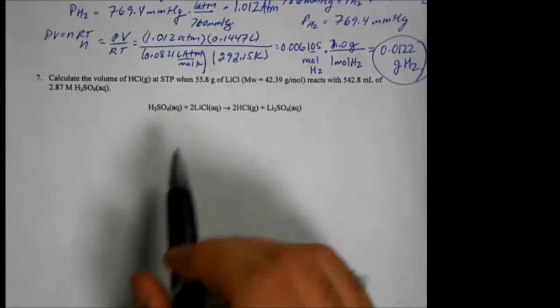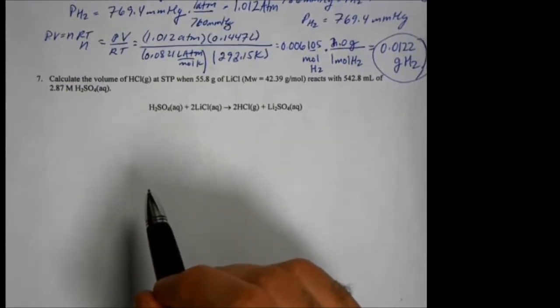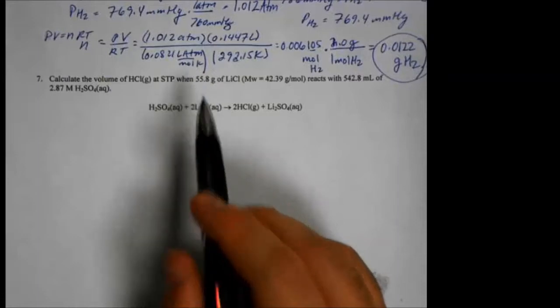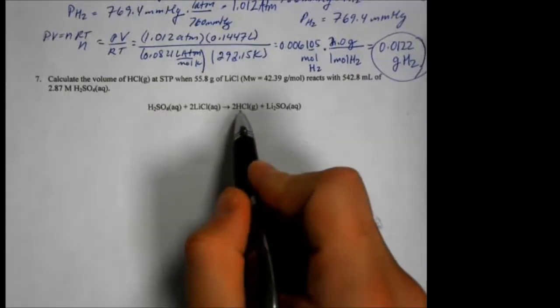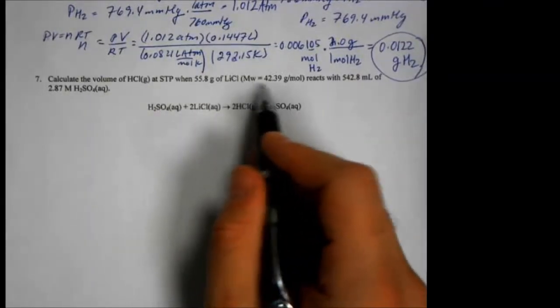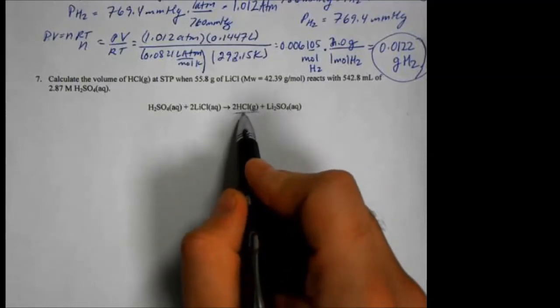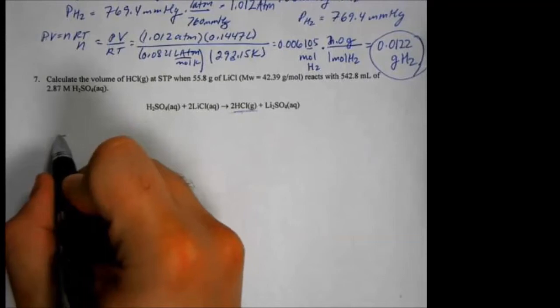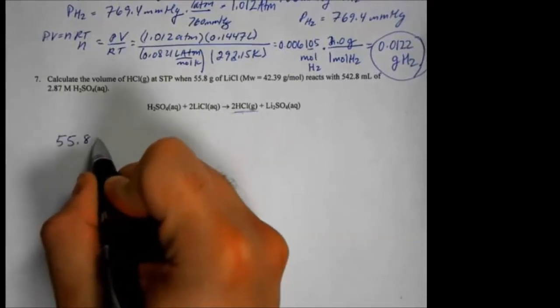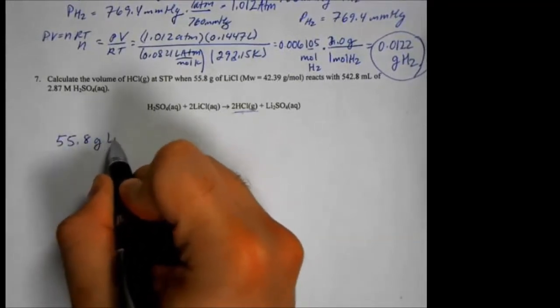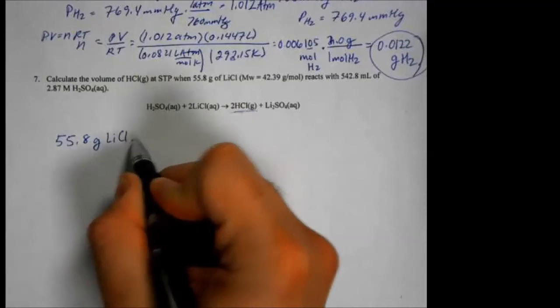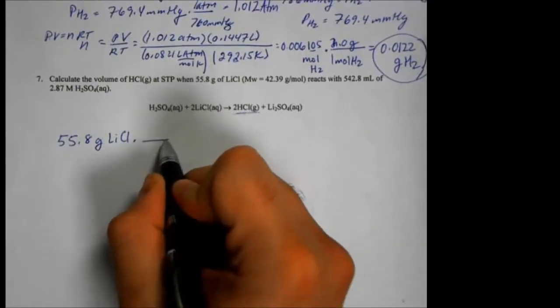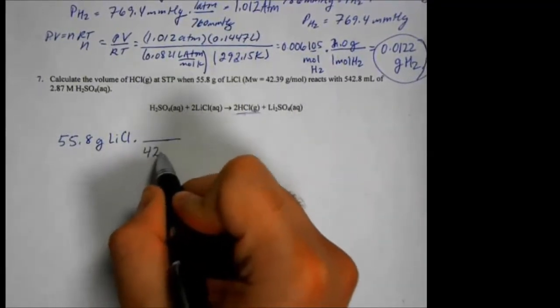We'll set this up like a standard limiting reagent problem. In any limiting reagent problem, we have to calculate the number of moles of HCl, which is our product. So in the case of the 55.8 grams of lithium chloride, we are going to calculate the number of moles of lithium chloride using the molecular weight.